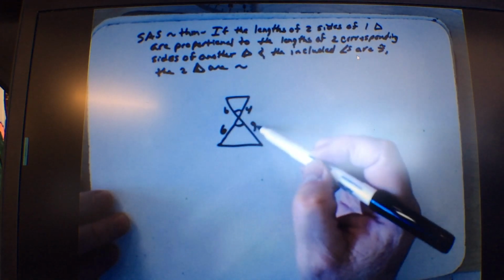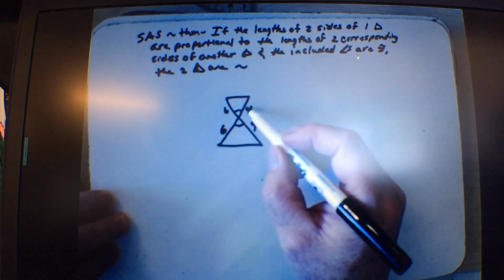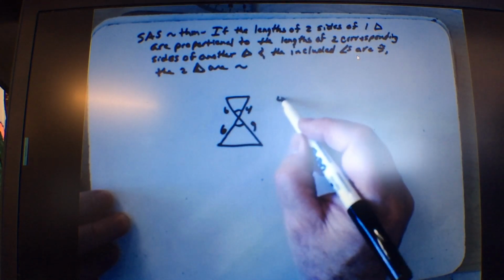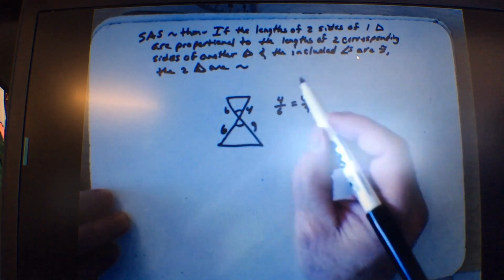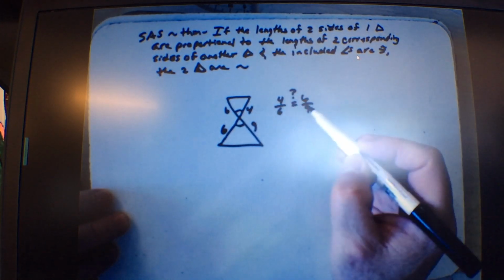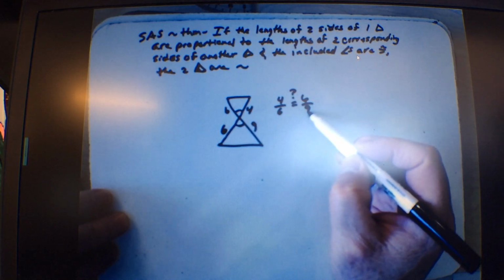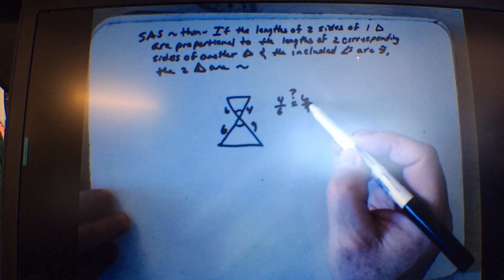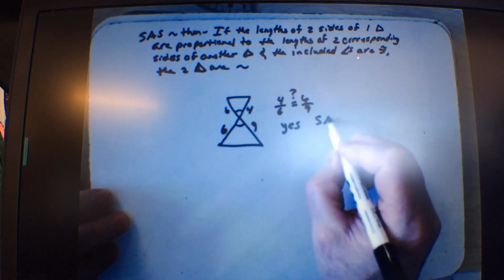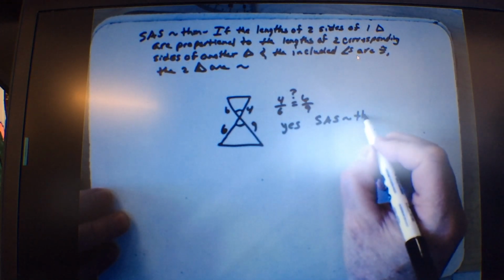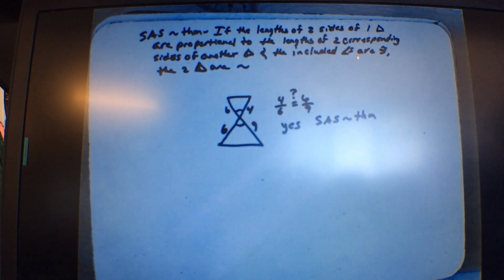And the sides that make up those, if you look at this, the shorter one, 4/6, does that equal 6/9? That's the question. Nelcha, 4 times 9 is? 36. And 6 times 6 is? 36. So yes, these two triangles are similar by the SAS similarity theorem. Does that make sense to you?